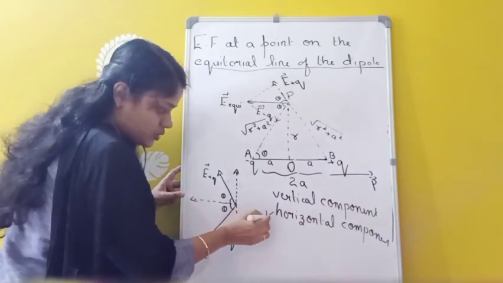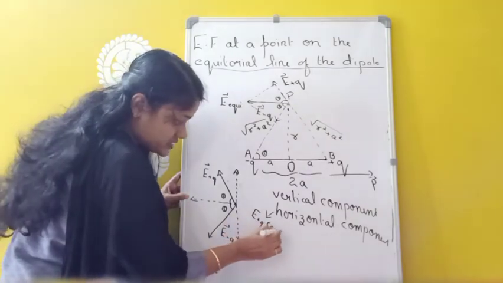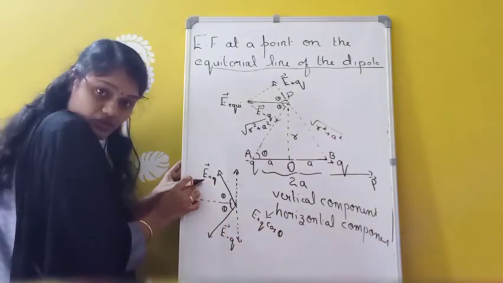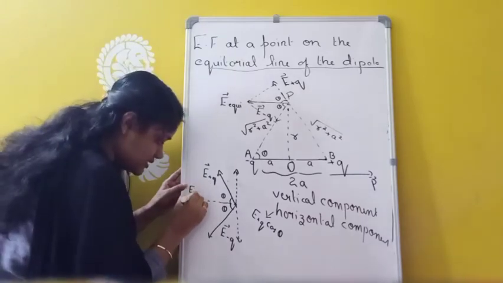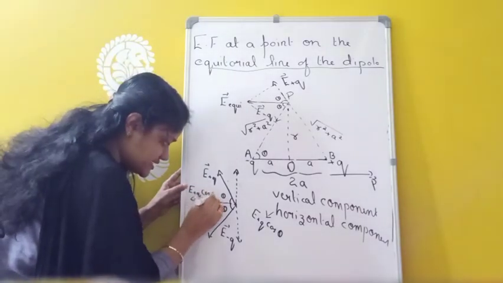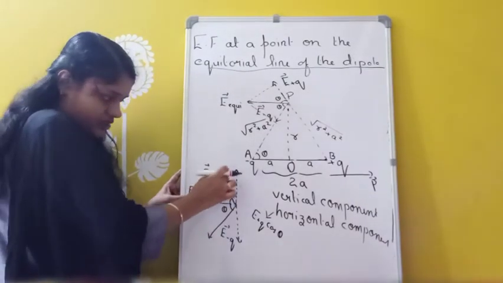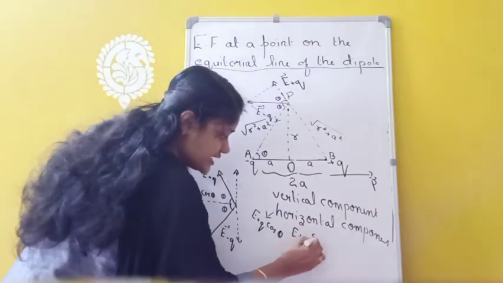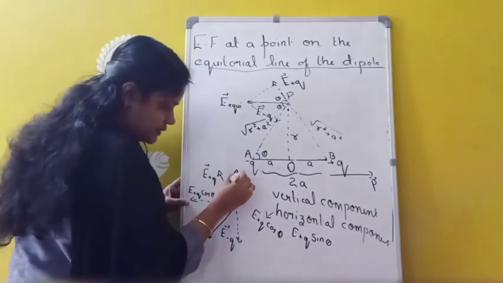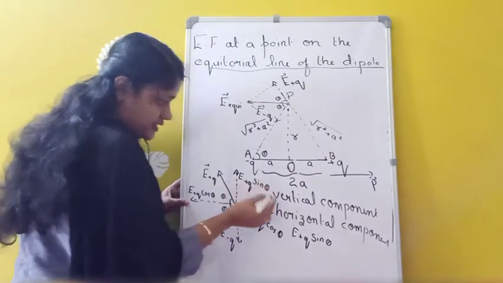That means this horizontal component can be taken as E plus Q cos theta, because this component is near to the angle. And the other one, the vertical component, is taken as E plus Q sin theta.